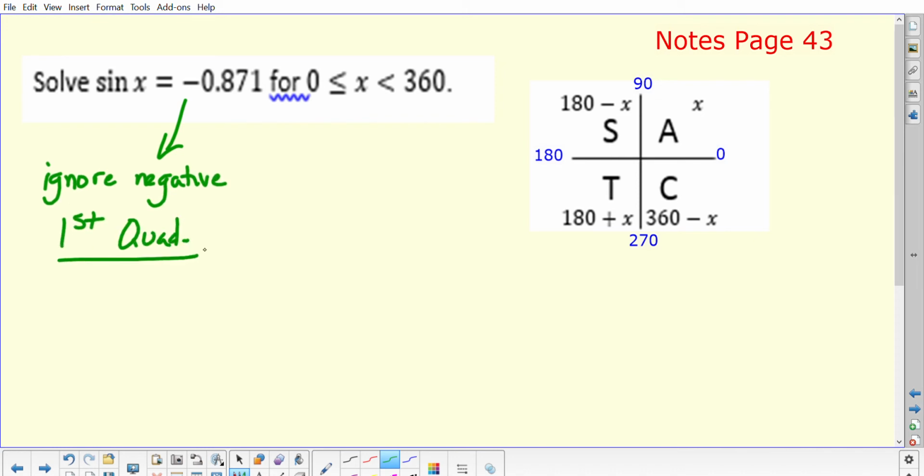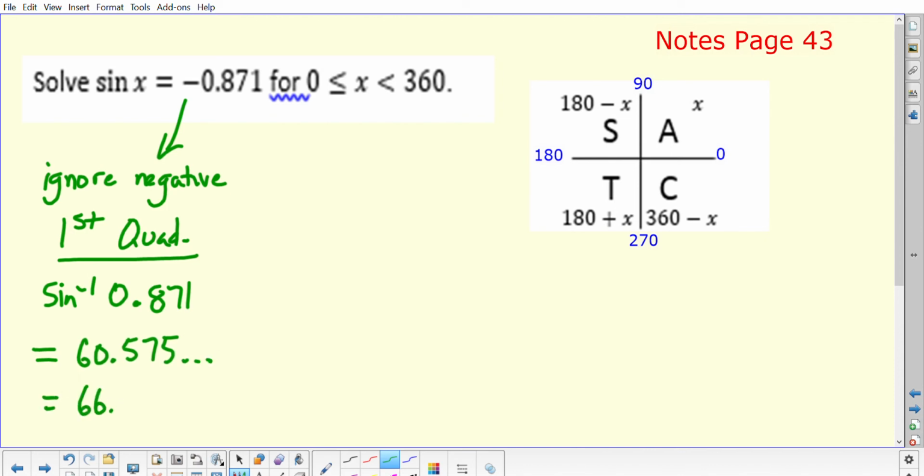So to get the first quadrant angle, we're going to do sine to the minus 1 of 0.87, and that does give me 60.575, whole load of other digits. I'm going to call that 60.6 degrees.